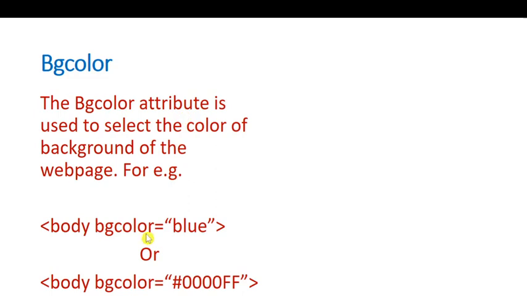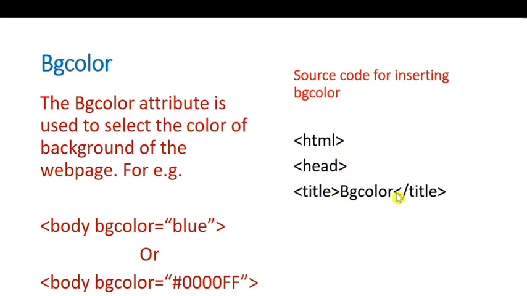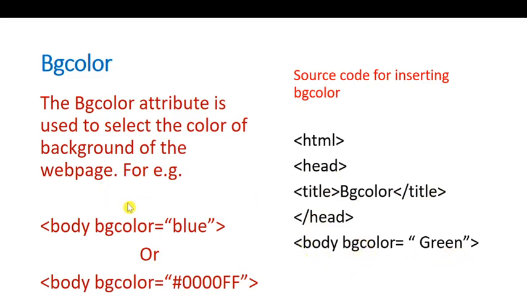Now how is this code applied? In a similar fashion: HTML, then head, then the title, say example BG color, then the closing tag title, then the closing tag head, and then the syntax to apply the background color: body BG color equal to green. It means we want the background color as green.